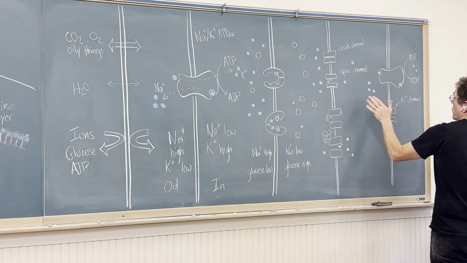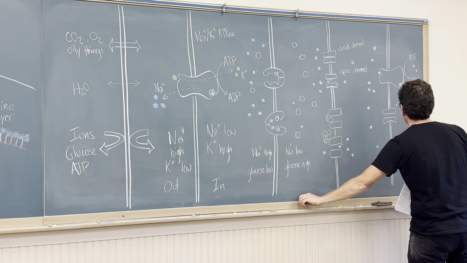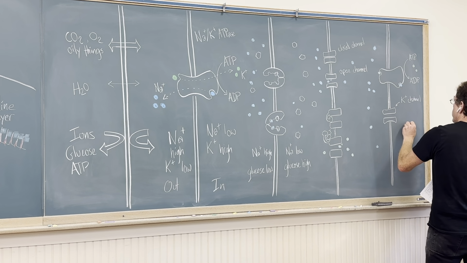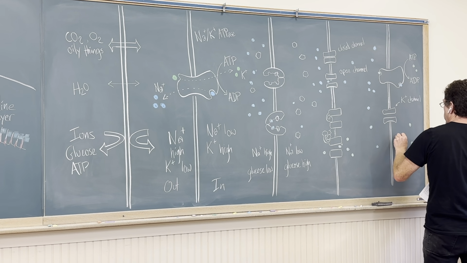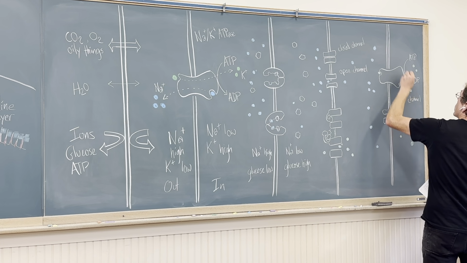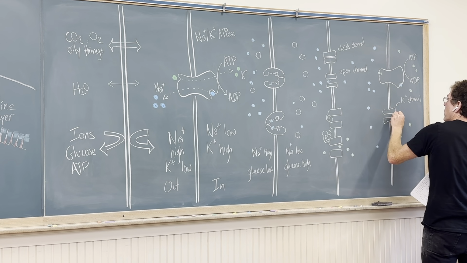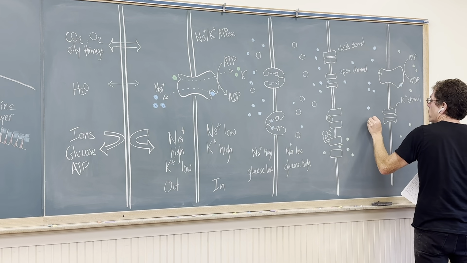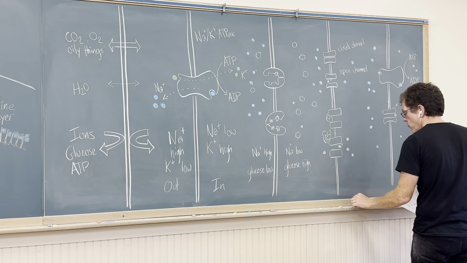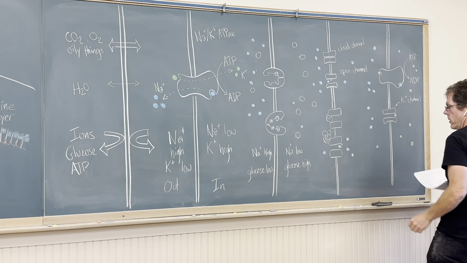That is, there's a lot of sodium out here that wants to get in, and there's a lot of potassium in here that would tend to get out if it could, some of which is leaking through this leak channel down its chemical gradient.